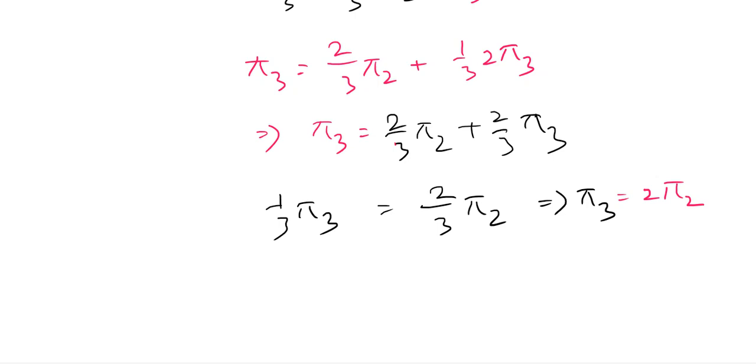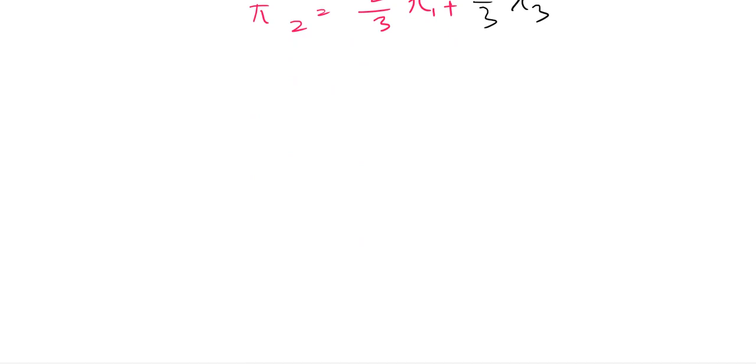Now using equation 2, pi 2 equals 2/3 pi 1 plus 1/3 pi 3. Substitute pi 3 equals 2 pi 2.